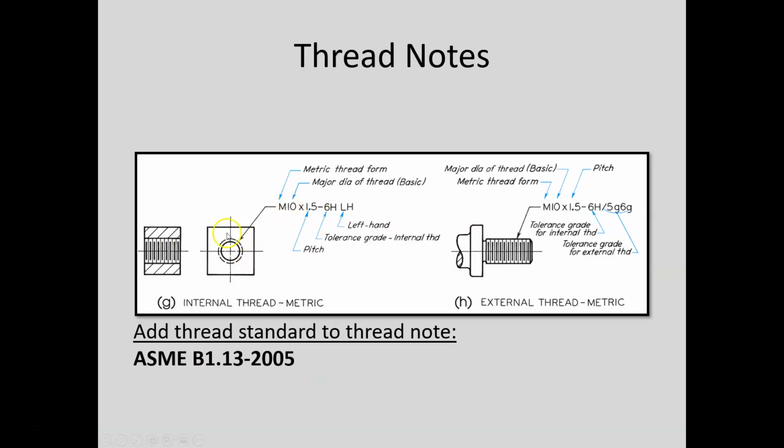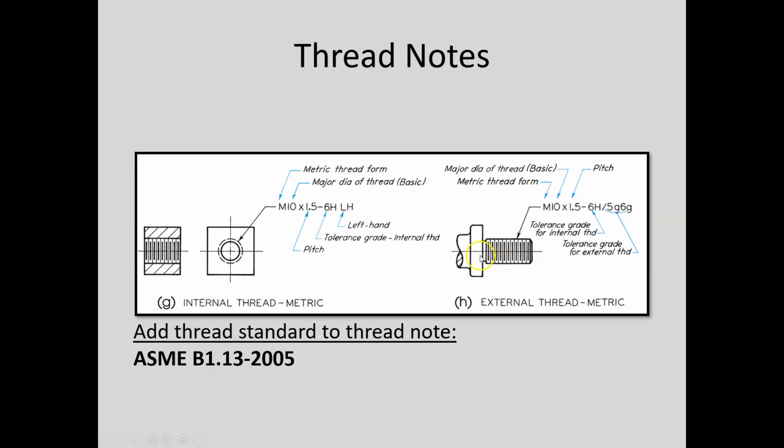An example for an internal thread would be M10 by 1.5-6H LH. The M is a metric thread form, 10 is the major diameter in millimeters, by 1.5 is the pitch. That means the distance from thread to thread is 1.5 millimeters. 6H is the tolerance, and LH for left hand.